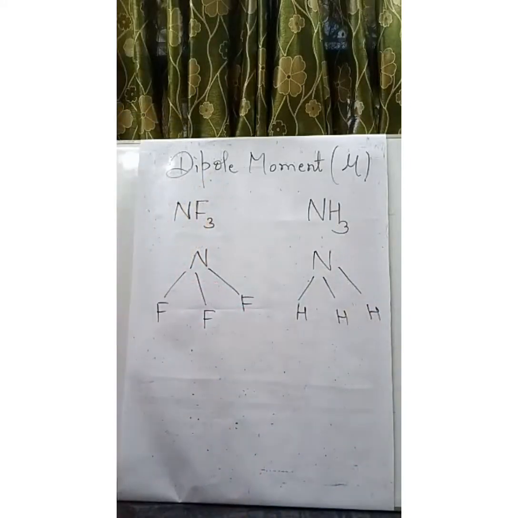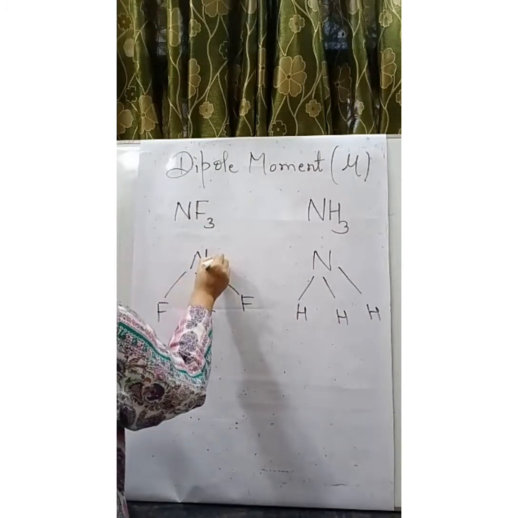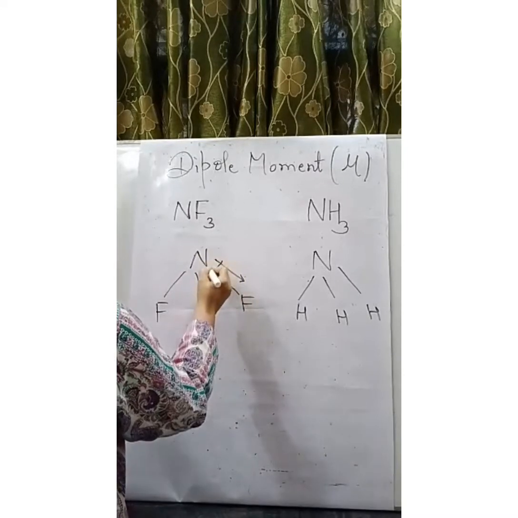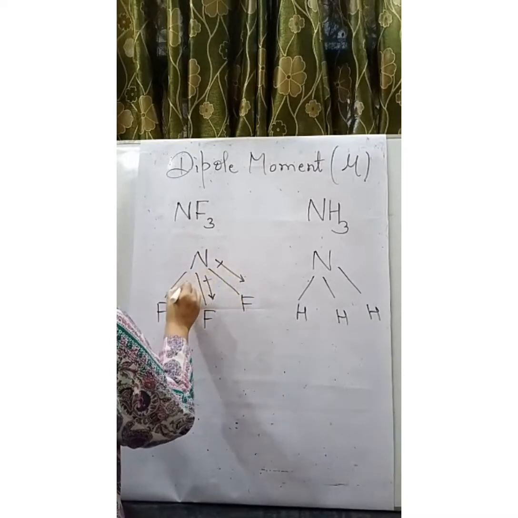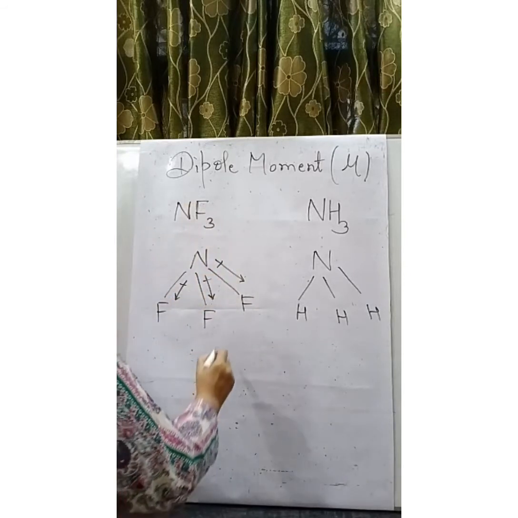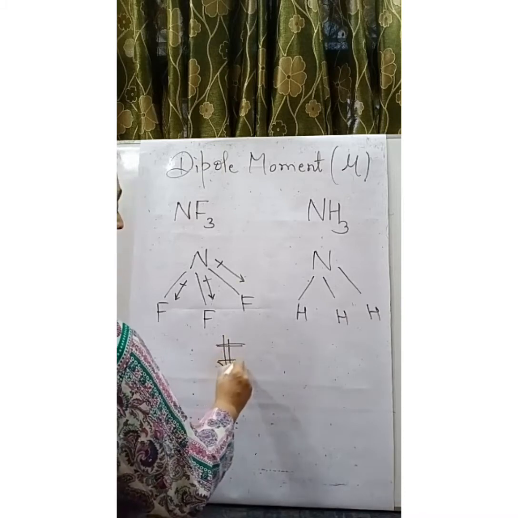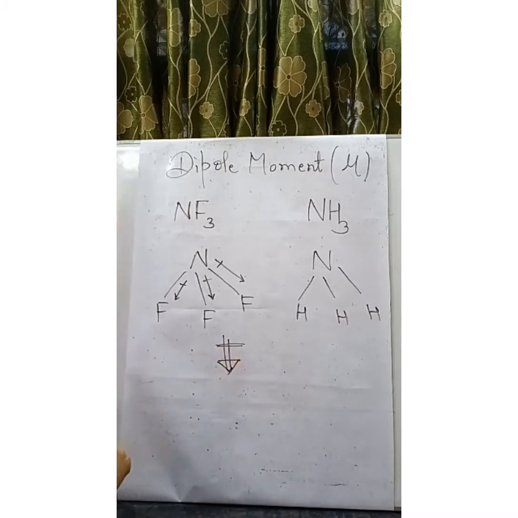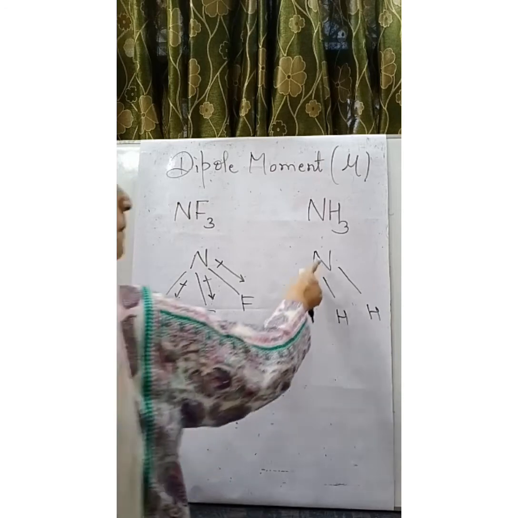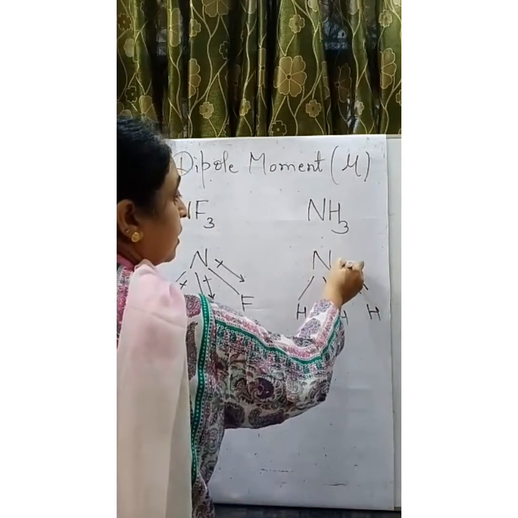Now if we put the sign of dipole moment from less electronegative to more electronegative, if you compare nitrogen and fluorine, nitrogen towards fluorine, you can see all the dipoles are moving in the downward direction. So the resultant dipole is pointing in the downward direction. If you compare nitrogen and hydrogen, nitrogen is more electronegative.